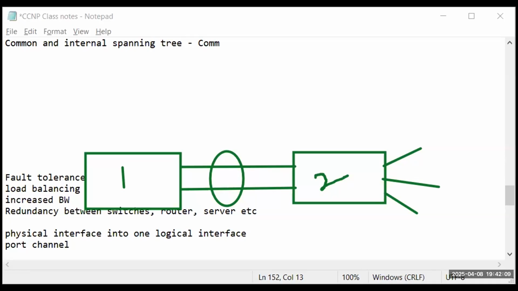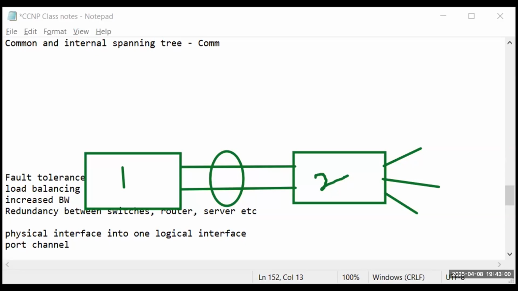Can you repeat the definition? So Ether channel: when a device is having multiple physical interfaces connecting to a remote device, those physical interfaces can be aggregated and configured as one logical interface.